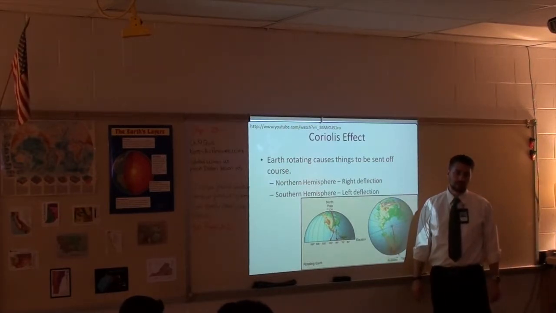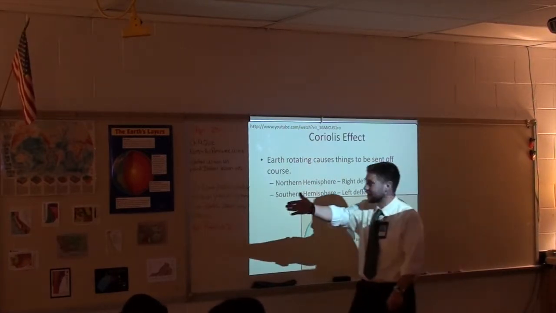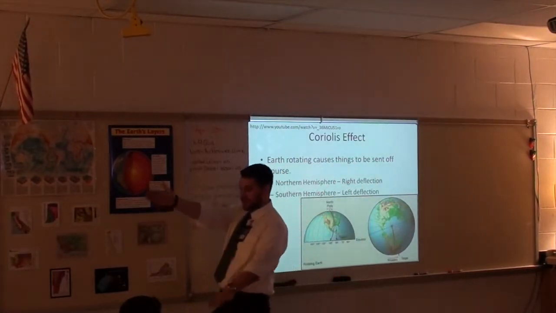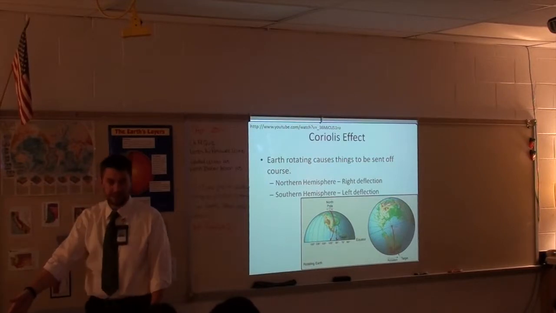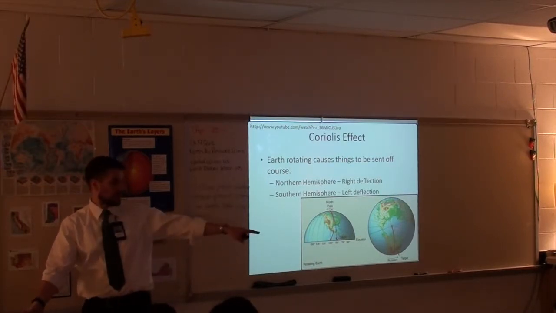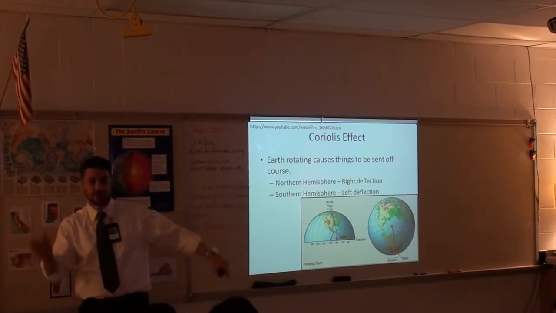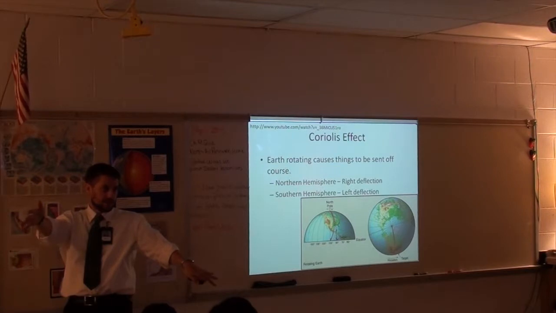12 hours later, what has the Earth done? It's moved. I'm still going toward those Galapagos Islands, but the Earth has actually rotated under me, so by the time I get to land, I'm like, oh, crap. There's no islands here. The islands are over there. I missed them, because I tried to go straight, and the Earth moved under me.